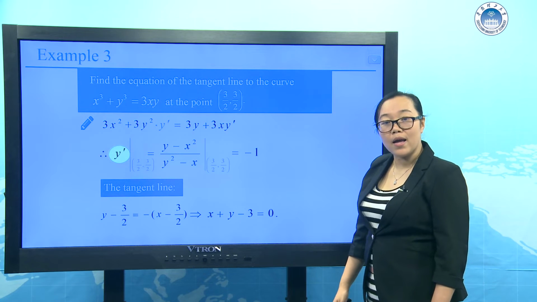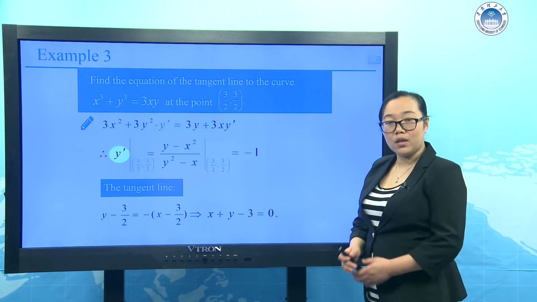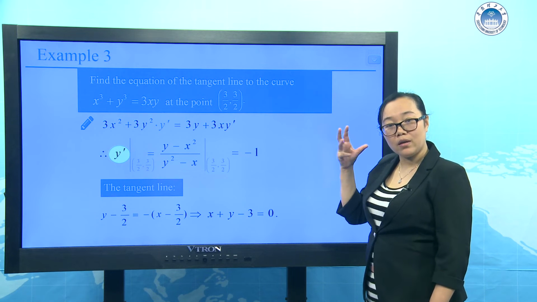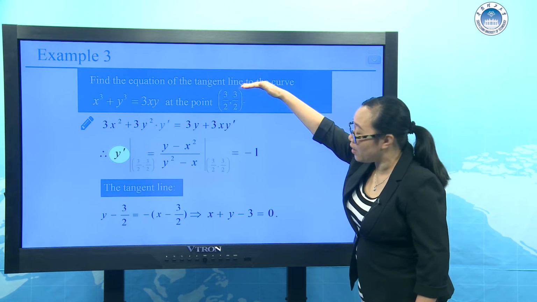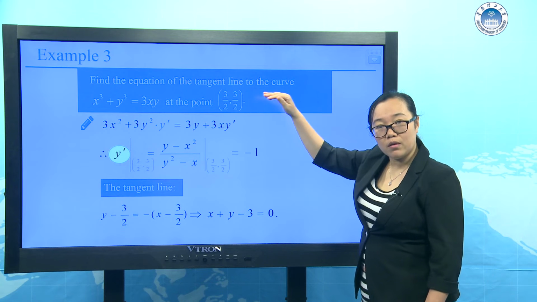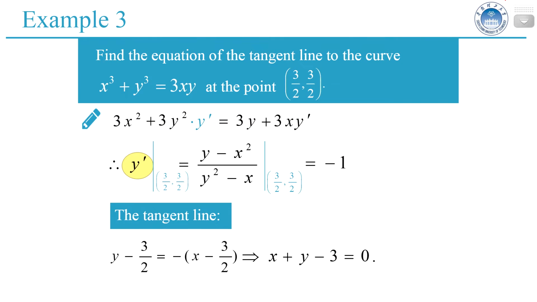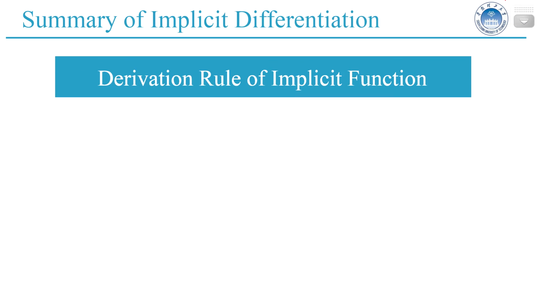It's our tangent line equation. Keep it in your mind, okay? The idea is to find the tangent line from the given point and the tangent slope according to the first derivative. So now we can get the corresponding summary.